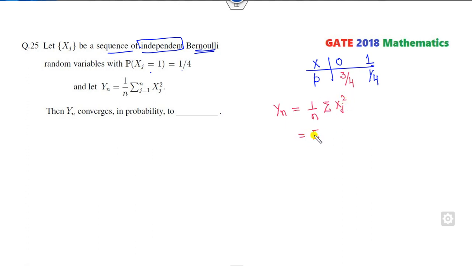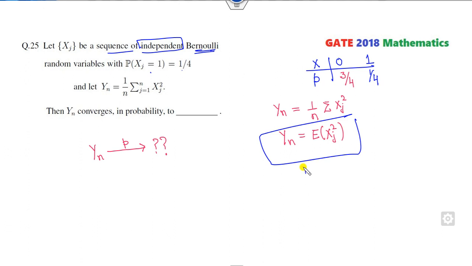Can I write this quantity in terms of here? Yn is then convergent in probability to 1. That's very simple. Remember, you have to apply the definition of convergence in probability, or you can apply the definition of the central limit theorem, or the Chebyshev inequality.